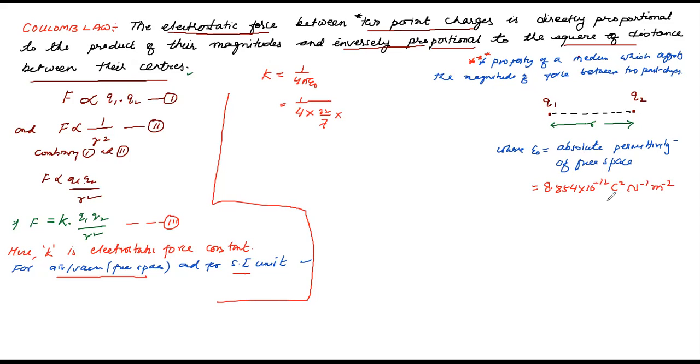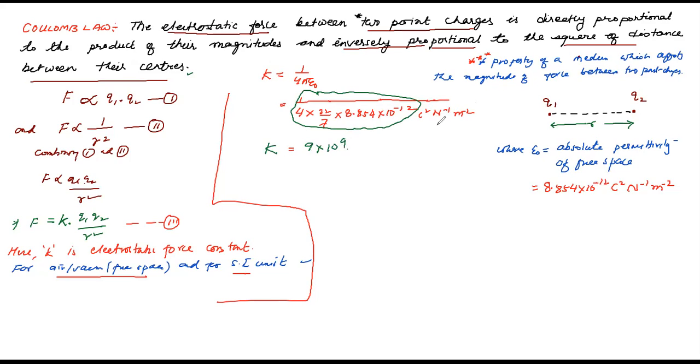If I put this value in place of epsilon naught, 8.854 into 10 to the power minus 12, and calculate it separately, you will get exactly 9 into 10 to the power 9.